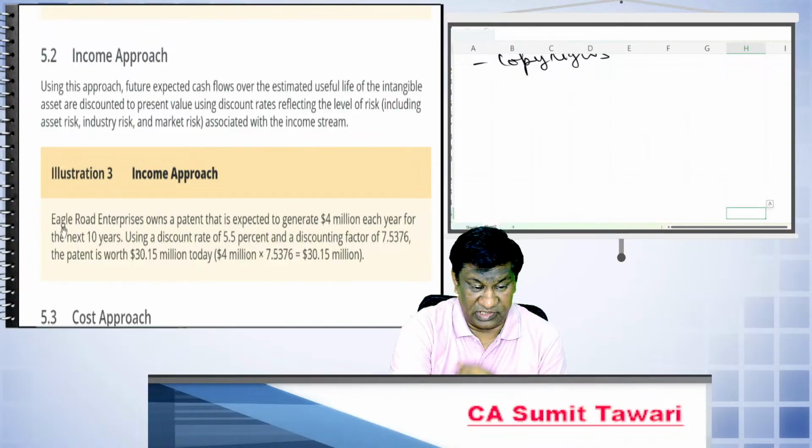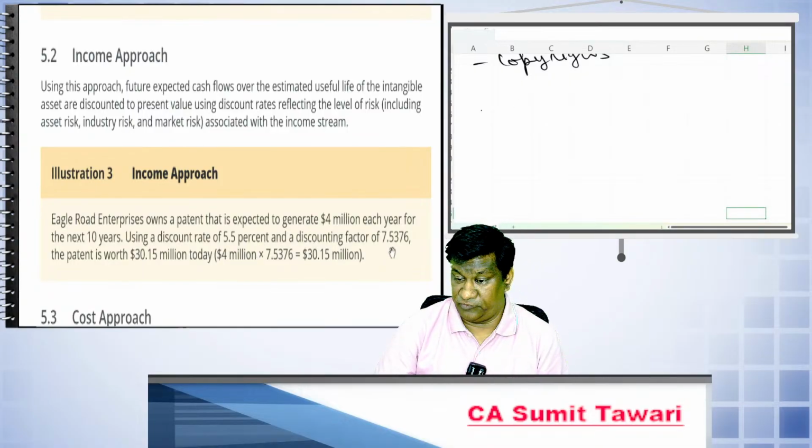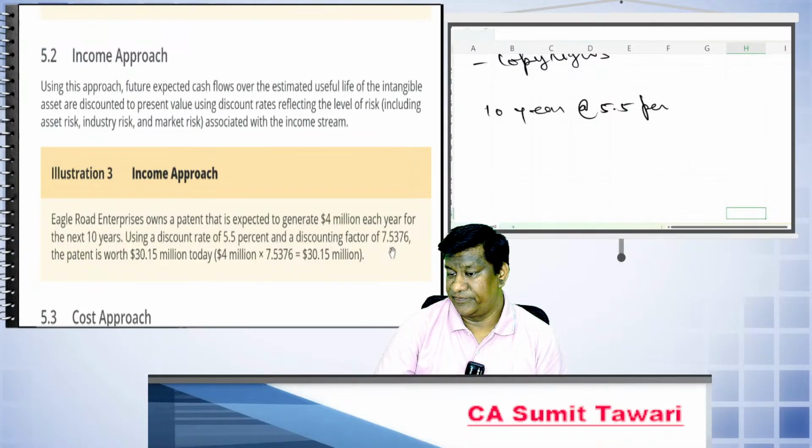For example, Eagle Road Enterprises owns a patent that is expected to generate 4 million each year for the next 10 years. Using a discount rate of 5.5%, the discounting factor for 10 years, which may be given in the question, is 7.5376.